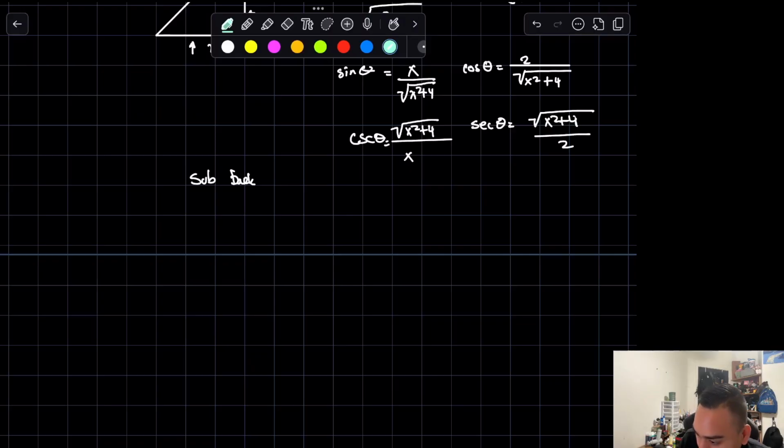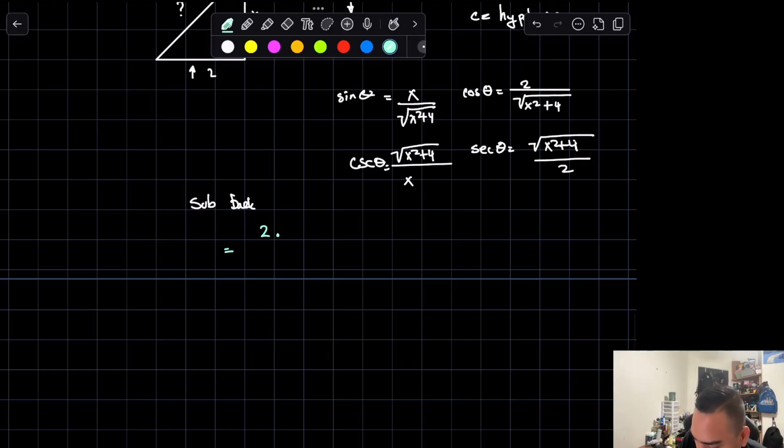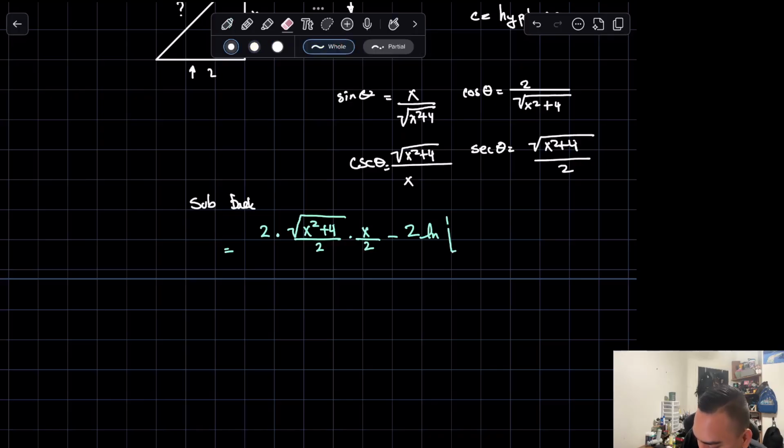It's going to be 2 times, remember, this is secant, so the square root of x squared plus 4 over 2, times x over 2, minus 2 ln of the square root of x squared plus 4 over 2 plus x over 2, which is our tangent, plus c.